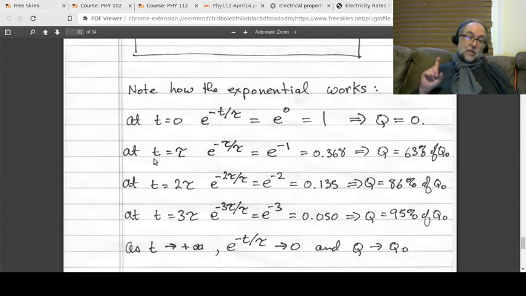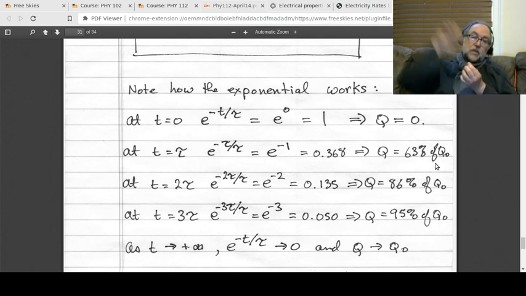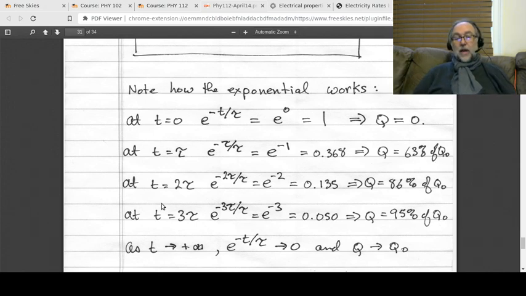What happens after you wait one time constant? So when t is equal to tau, take that little t in there and replace it with tau. You get e to the minus tau over tau. Tau divided by tau is 1, so that's e to the minus 1, which on your calculator gives 0.368. And that means if you wait one time constant, your charge is at 63% of maximum. So it starts off at 0, and after one time constant, it's reached 63% of its maximum. Well, what if you wait two time constants?